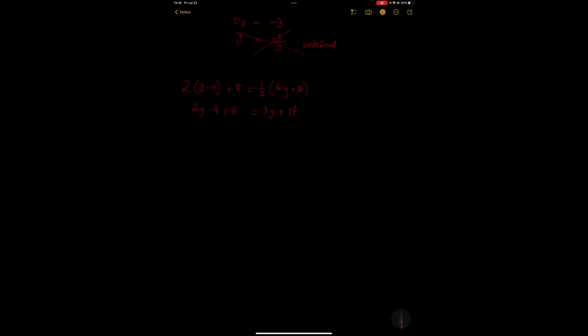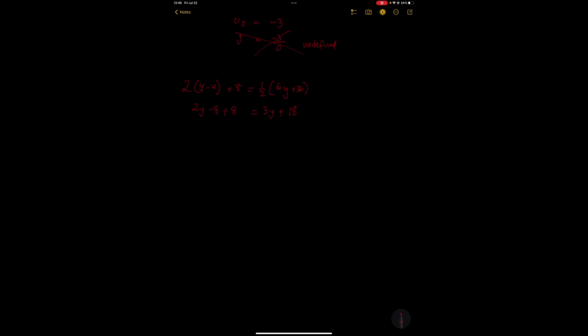Now the variable can be anywhere on either side of the equal sign. What I would suggest is, as you're doing it, try to keep the biggest variable on one side and then move the smallest one, so whichever gives you the positive variable makes it easier.